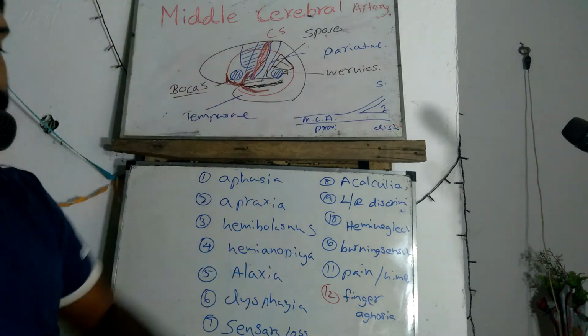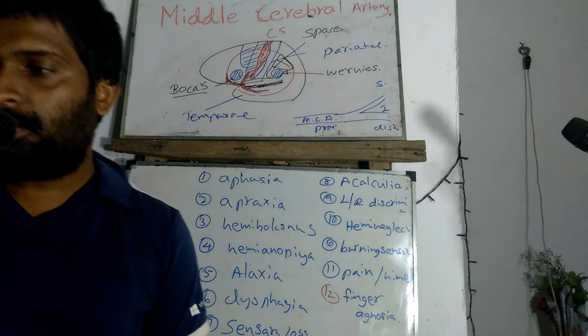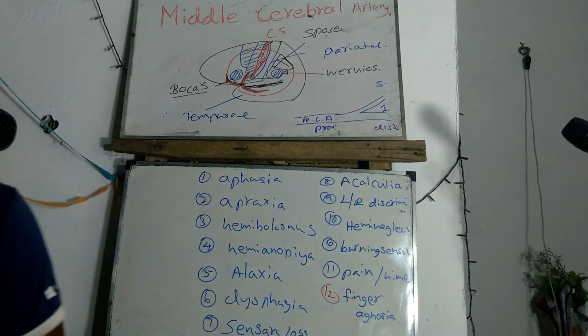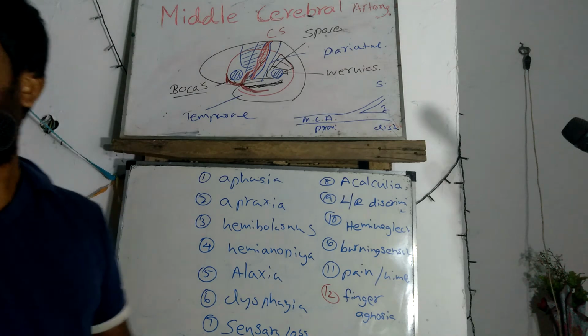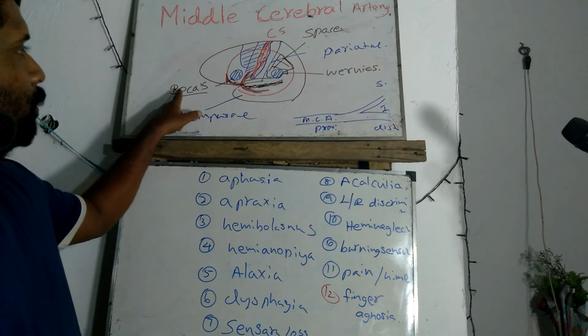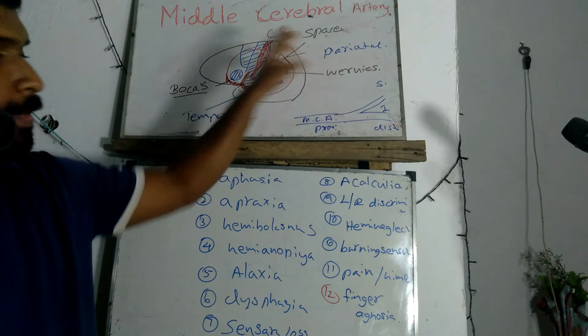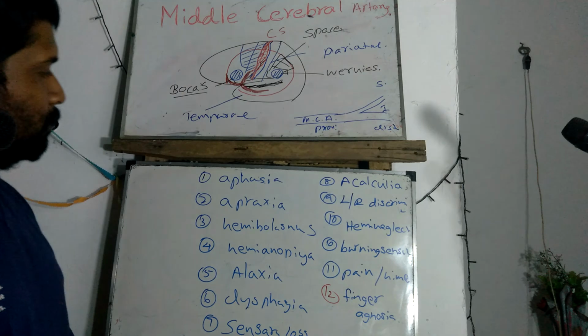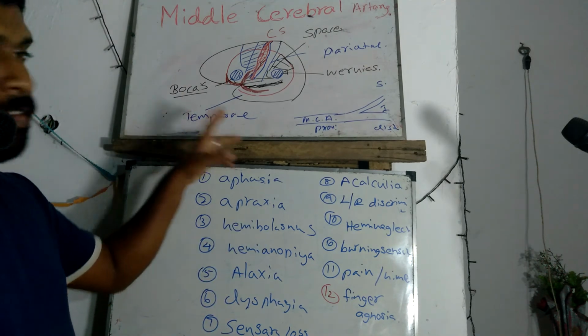What are the major signs and symptoms we can see in that patient? Aphasia, Broca's and Wernicke's area. This aphasia can be global aphasia. Apraxia, can't do sequence movement.